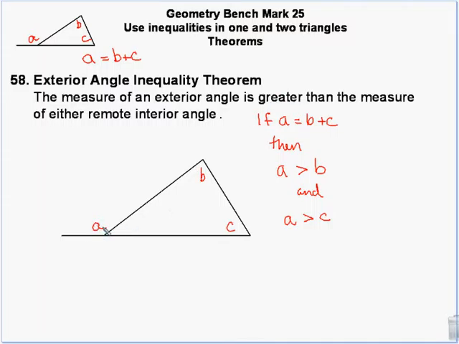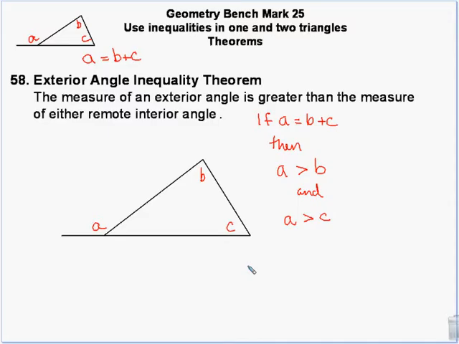So if A out here is equal to B plus C, you take B and C and you put them together and you get A. A has to be bigger than just B by itself or just C by itself. Right? Like if B is $5 and C is $6, if I put that together, I now have $11.